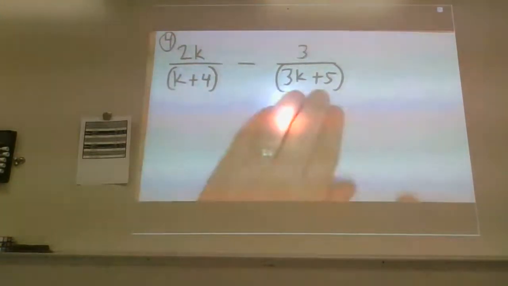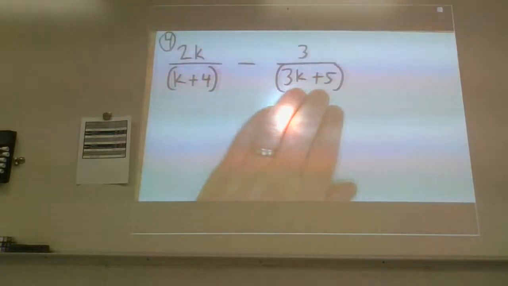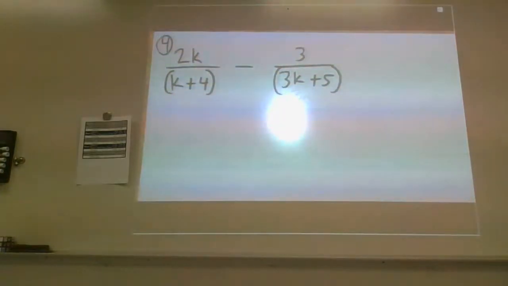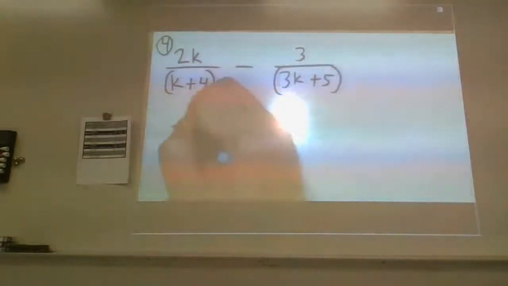You need to consider the 3k plus 5 as a single term. Yes, they both have a k in common, but that doesn't matter because here's what's going to have to happen with the multiplication.